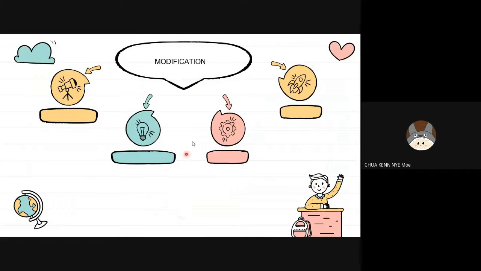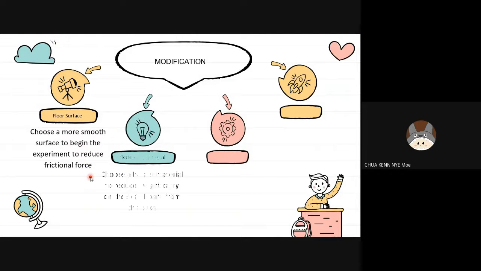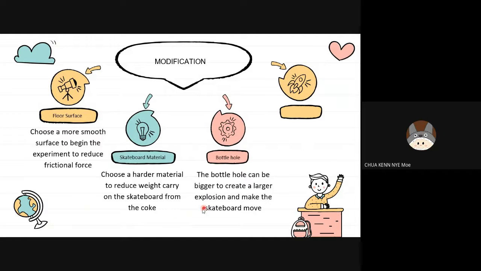And then here are my modifications. First of all is the floor surface. I should choose a small, smooth floor surface to begin the experiment in order to reduce frictional force. Secondly is the skateboard material. I should choose a harder material to reduce the weight carried on the skateboard from the cork. Third is the bottle hole.